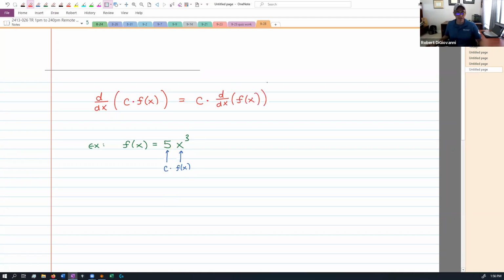Essentially what this says, and this is the way I always tell my students, is that constants come for the ride. The constant's going to come for the ride, all right? It's not going to change. It's just going to remain itself. It's just going to tag along and be there at the end.